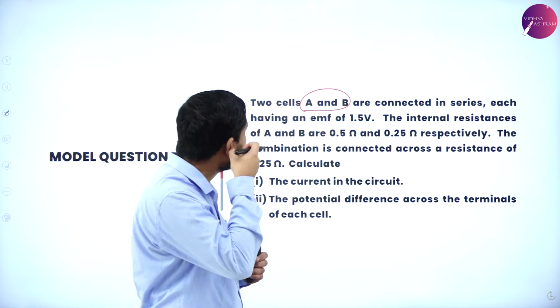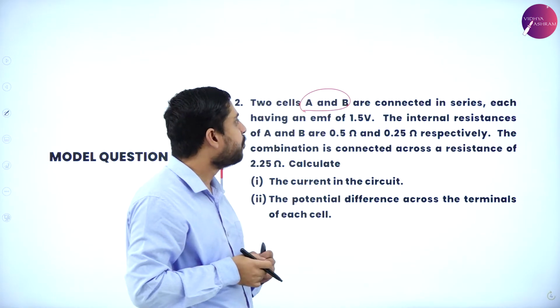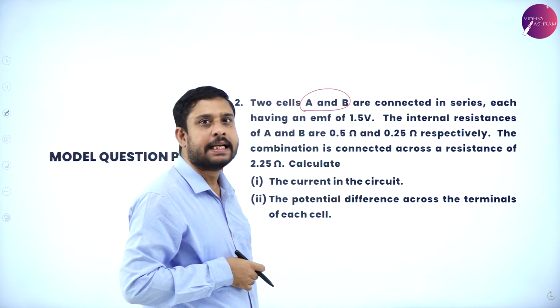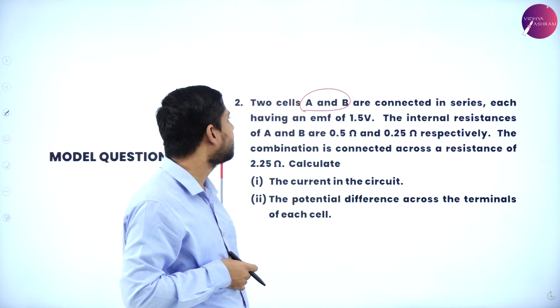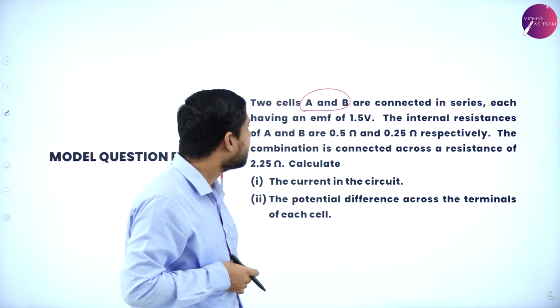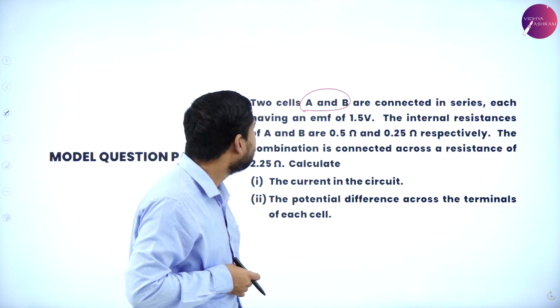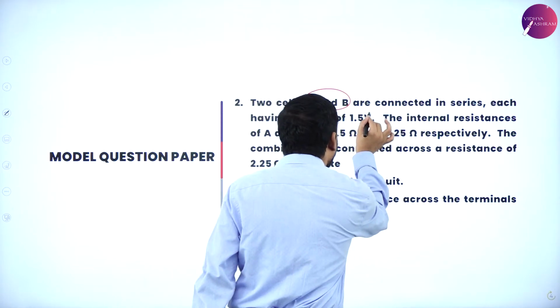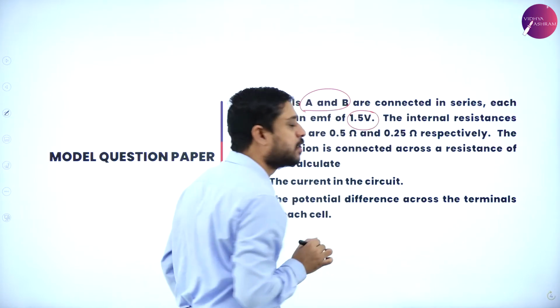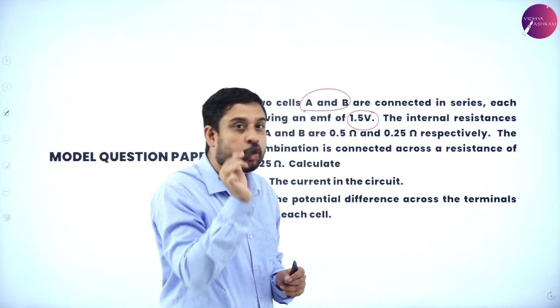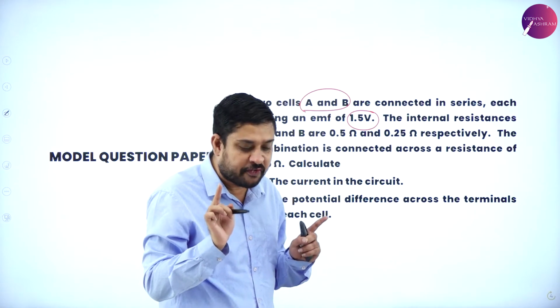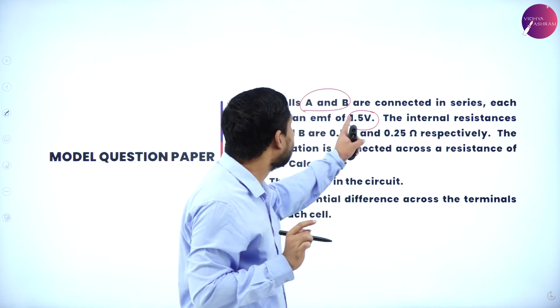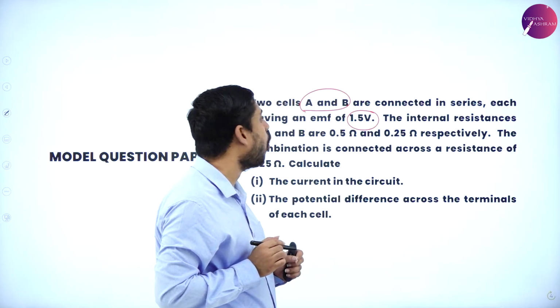There are two cells, A and B, connected in series, such that each has an EMF of 1.5 volts.